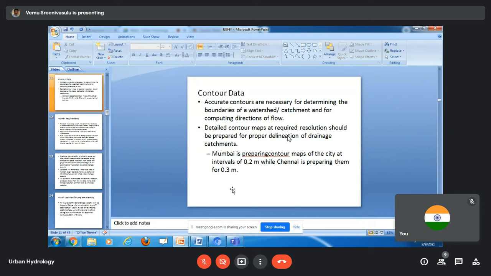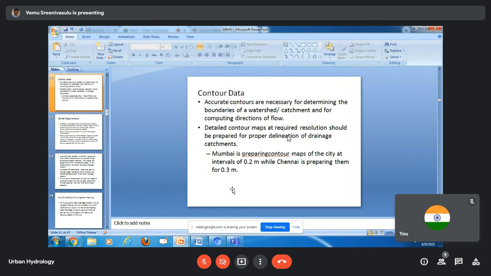So if you draw a 1 meter contour interval, you will get very few lines. That's why we should have a 0.1 meter or 0.05 meter contour interval. Then only can we do analysis, especially for areas like Kakinada city.